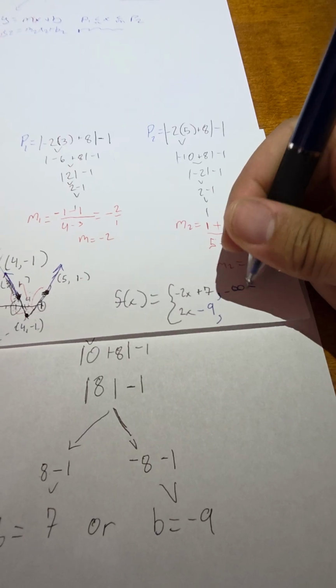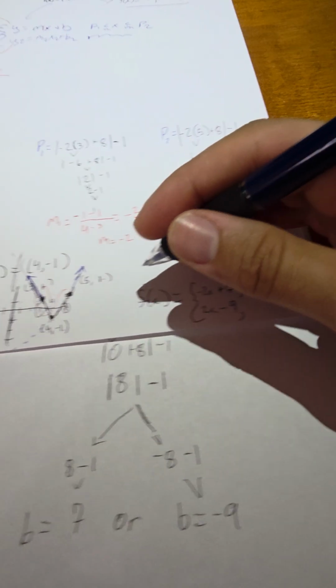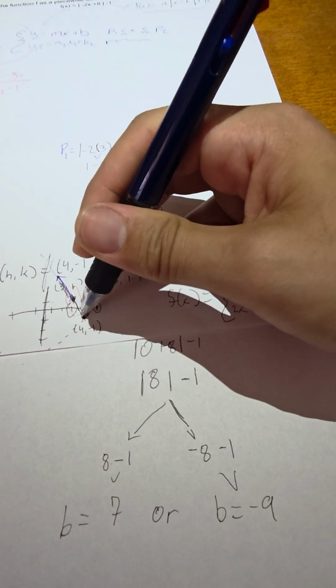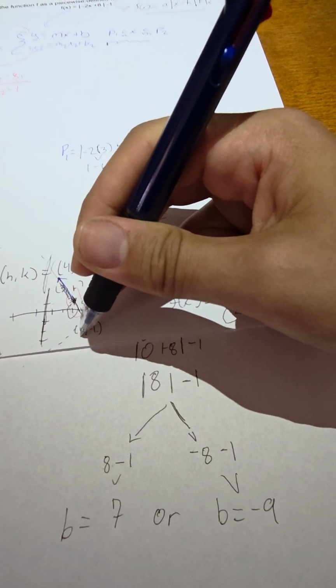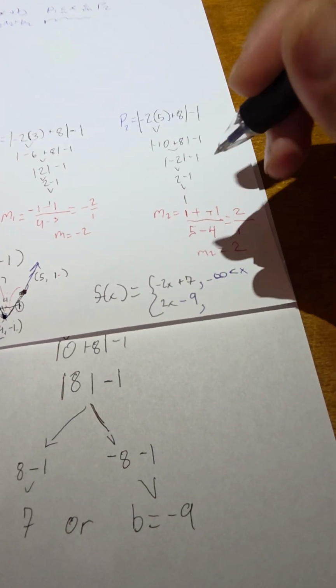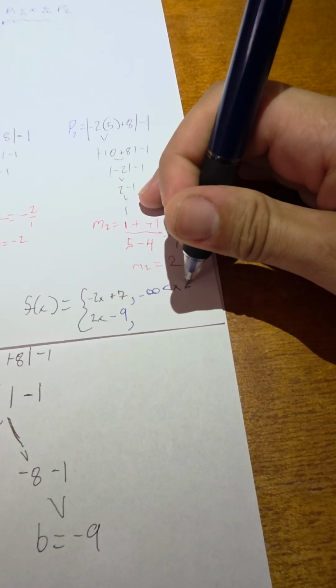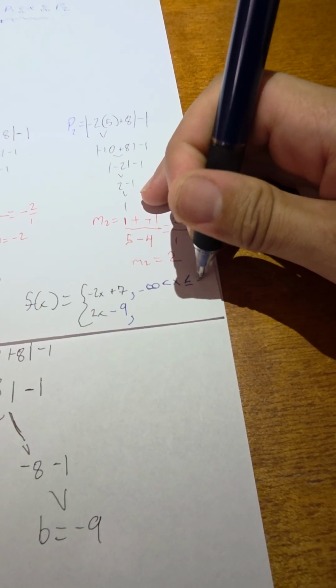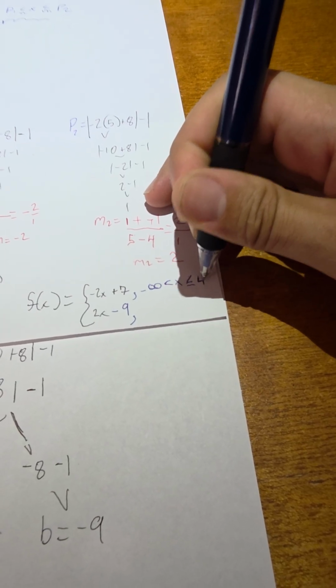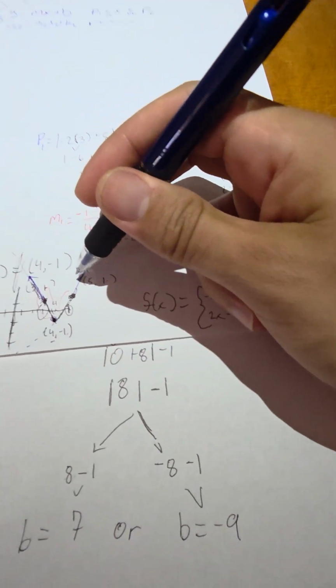There will be no line down here. And then you just put an x, and this line stops at our vertex. So all we need is the x value of our vertex, which is 4. This is going to be a less than or equal to, because it includes the 4, less than or equal to 4.